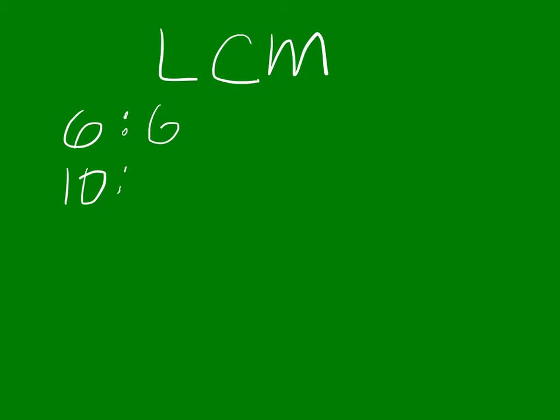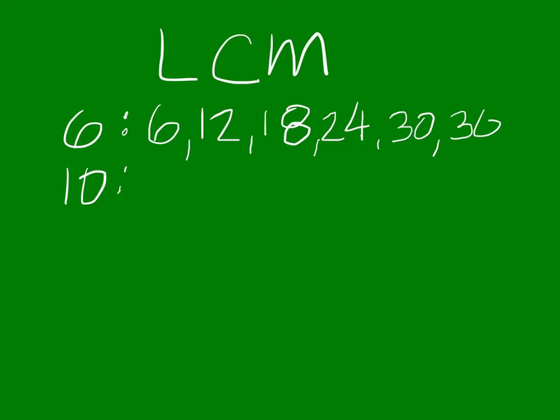So for 6, you would start with 6 and then keep adding 6 to it. So 6 plus 6 is 12, and plus 6 is 18, and you would keep going, adding 6 each time.